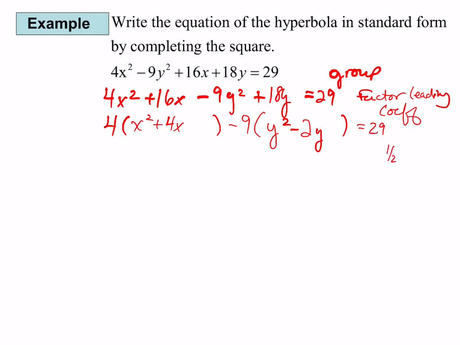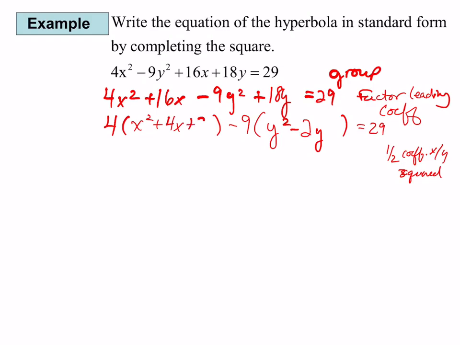And then we take half the coefficient of x or y, squared, and add it to both of these.